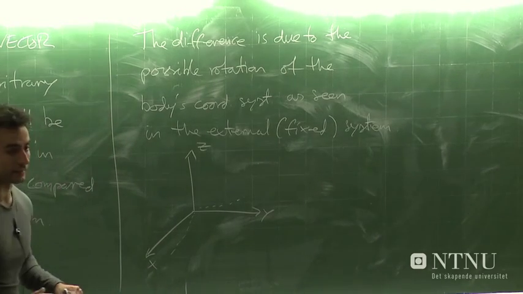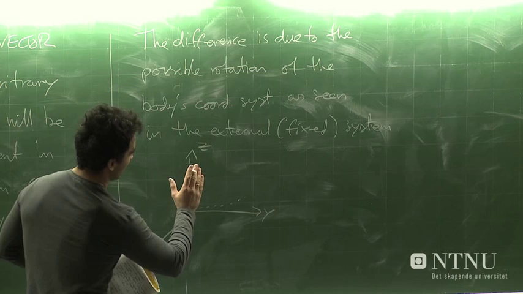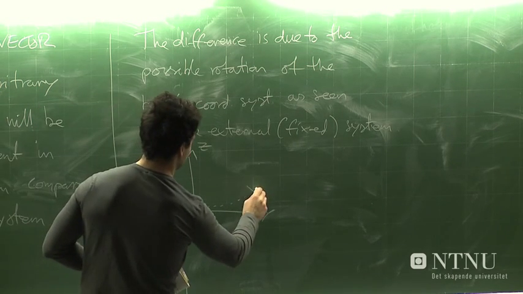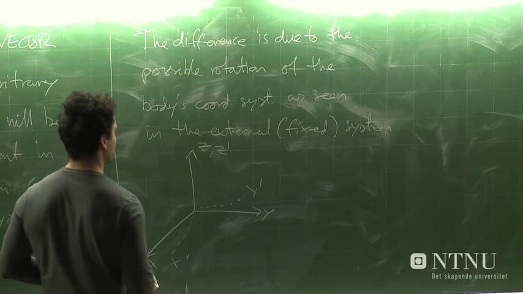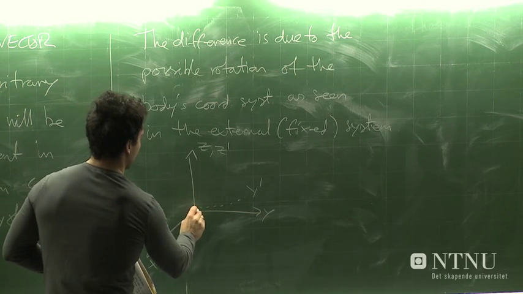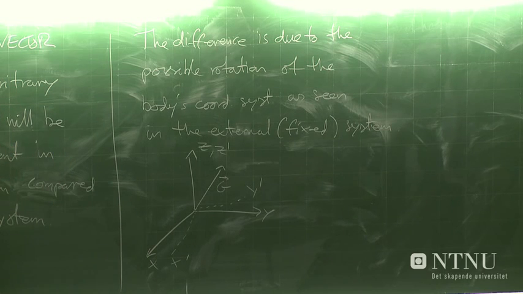So to illustrate this, let's just consider a simple example of a body which is rotating around the z-axis. Let's say we have some vector here, g.